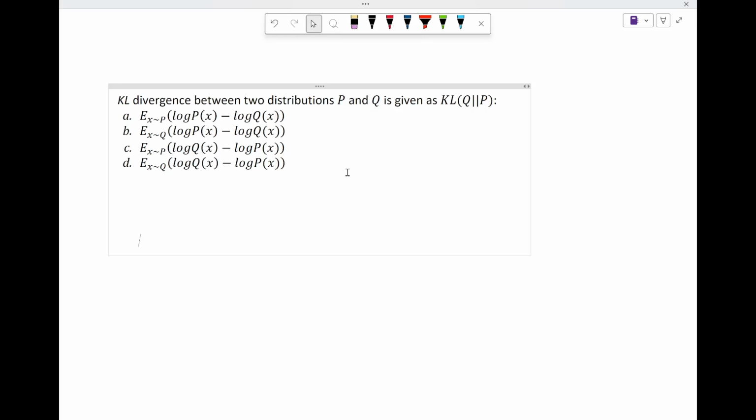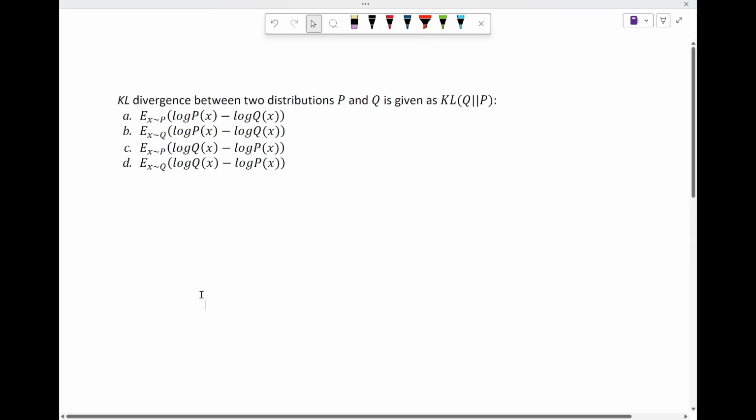So this question they are asking, KL divergence between two distributions, is the same thing, just the formulas are different this time. So which one is it?